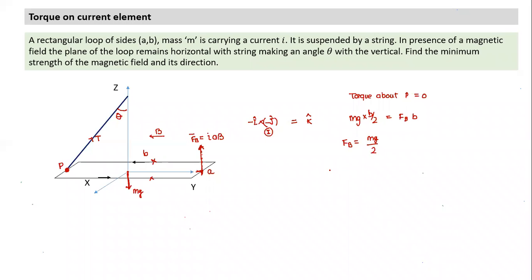So what is Fb? Fb is equal to I into a into B, which has to be equal to mg by 2, or B is equal to mg by 2Ia. Same thing I could have done.